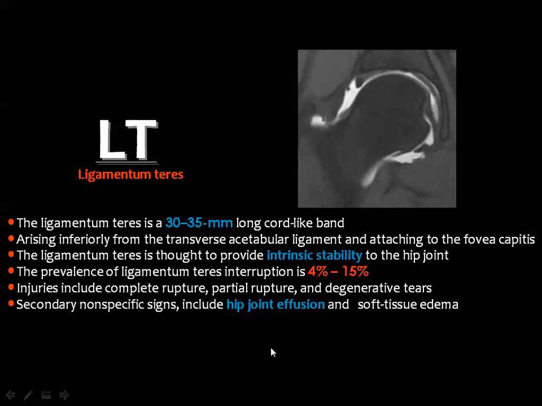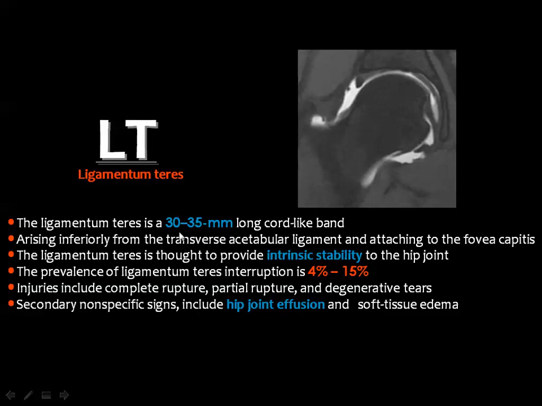Then we come to the ligamentum teres, and this is the ligamentum teres. It is an intra-articular ligament arising or attached inferiorly to the transverse ligament and goes upward to attach to the fovea capitis in the femoral head.